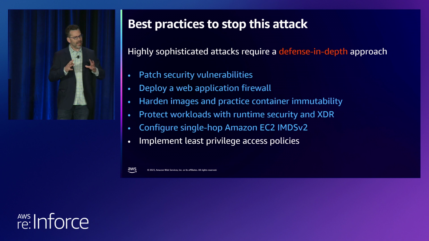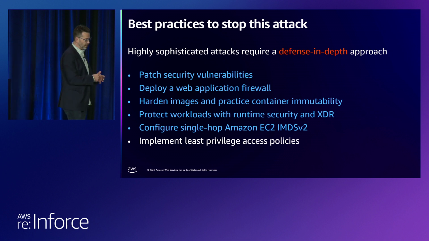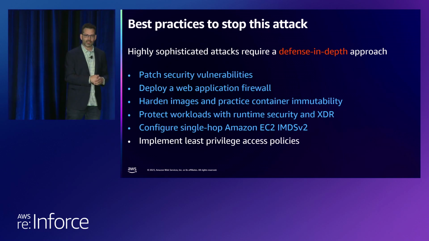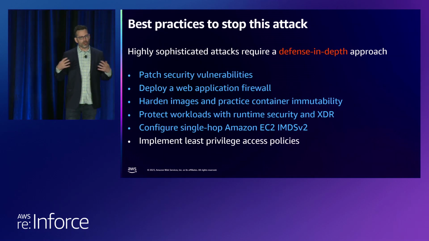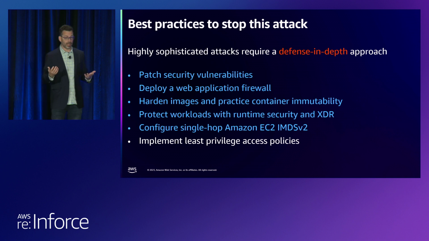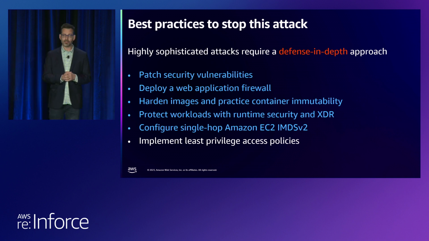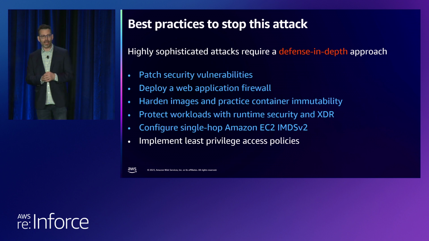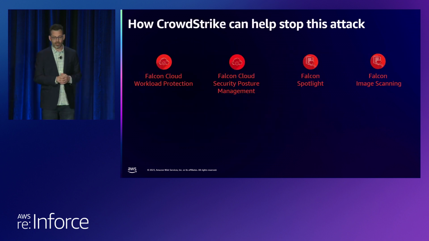So you want to have that least privilege so that even if something happens and an attacker gets a foothold in that system, they won't be able to use the credentials associated with that system to keep moving. So that least privilege applies to identity. And IAM gives you a lot of opportunities to create those granular policies. And network access as well. And we'll see that in the next example.